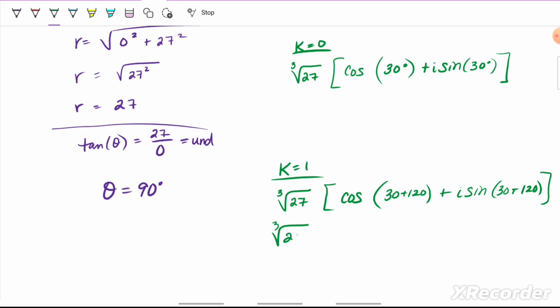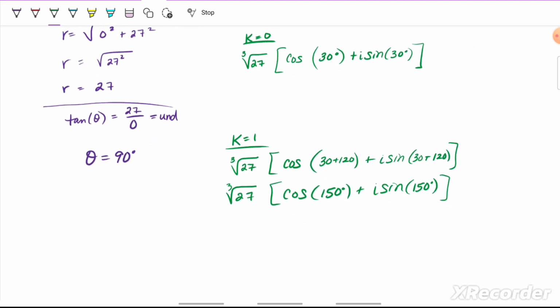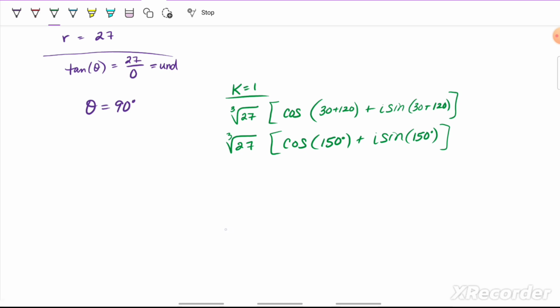So this will be the cube root of 27 times cosine of 150 degrees plus i sine of 150 degrees. To get our third one, I'm then going to add 120 degrees to my 150 degrees. Still starts the same, cube root of 27 times, this time it'll be cosine of 150 plus 120.